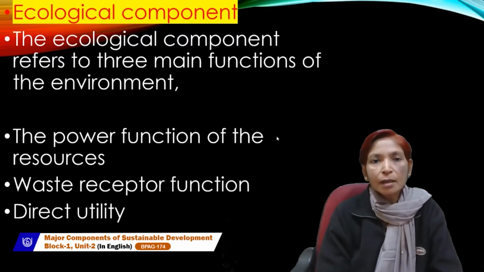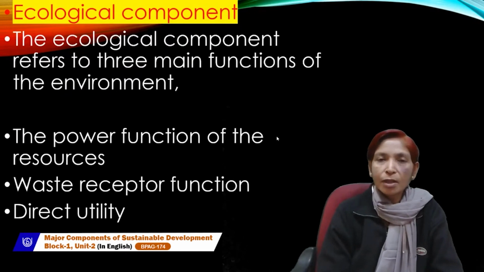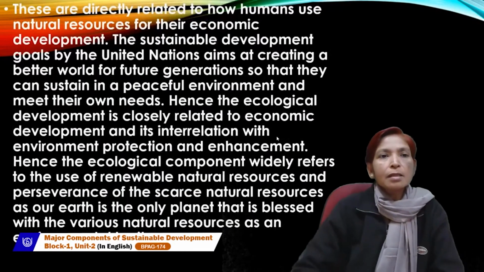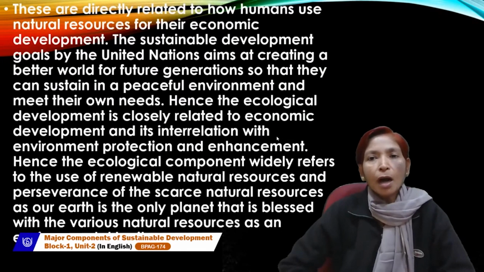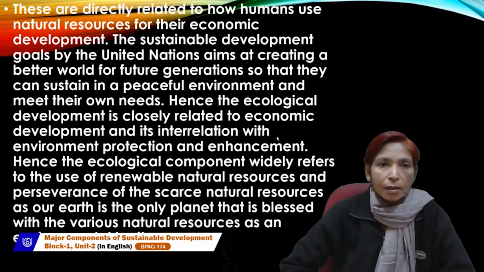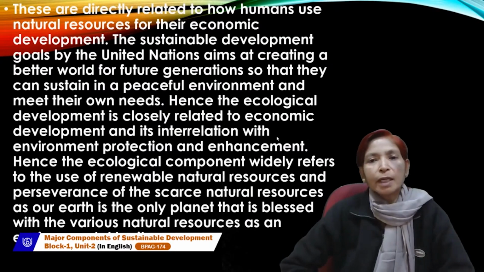Under this, three main functions of the environment are included: the power function of the resources, waste receptor function, and direct utility function. These are directly related to how humans use natural resources for their economic development.